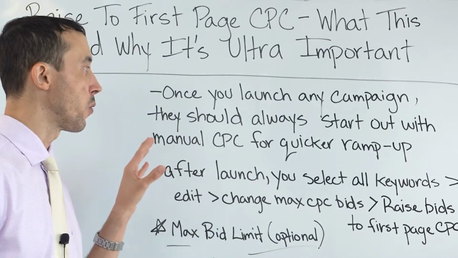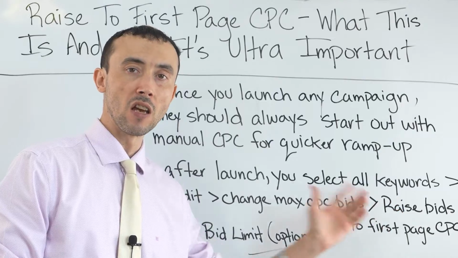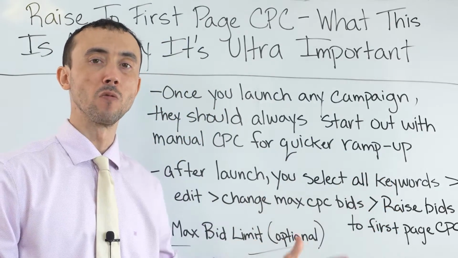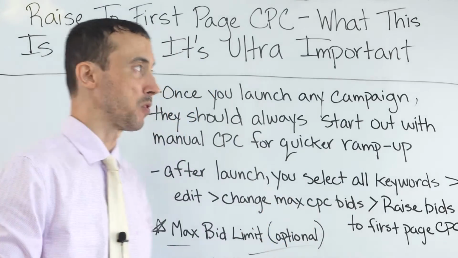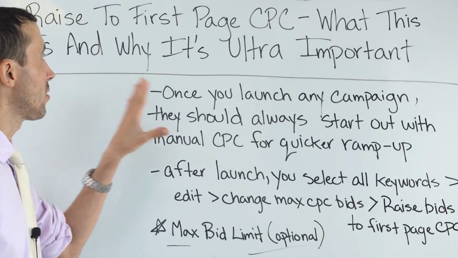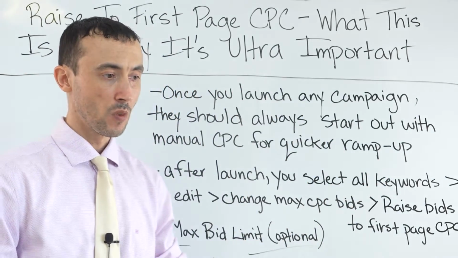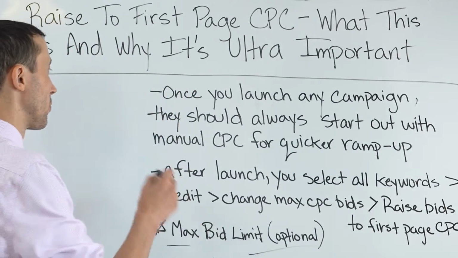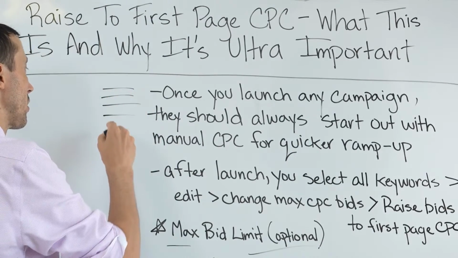So with that, I will go through what this is, best options for using it, how to get the most advantage out of it, why it's better than other options to effectively do the same thing, get your ads ramped up as quickly as possible. So first of all, the raise to first page CPC, what this is and what it does, effectively it just makes sure that your ads are supposed to be running on Google for your keyword.